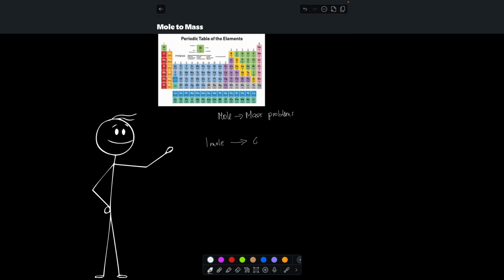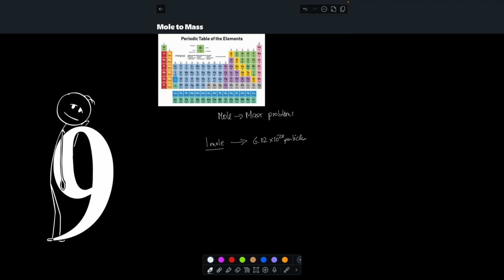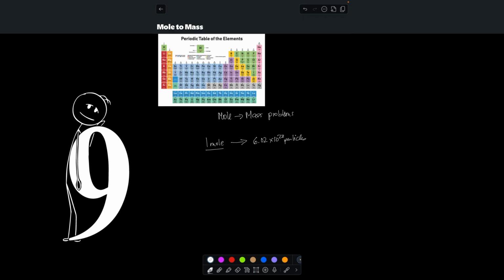We talked about 6.02 times 10 to the 23rd particles, Avogadro's number. So 1 mole is a quantity in chemistry that is equal to this big number of particles of anything.